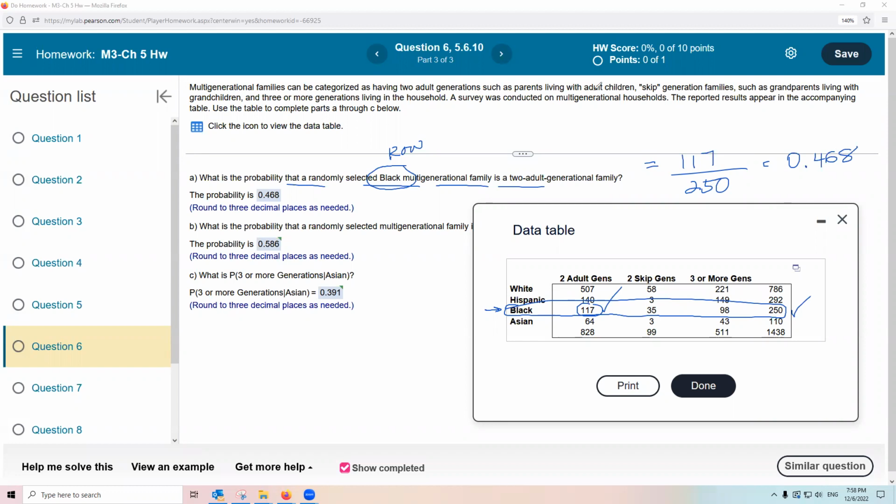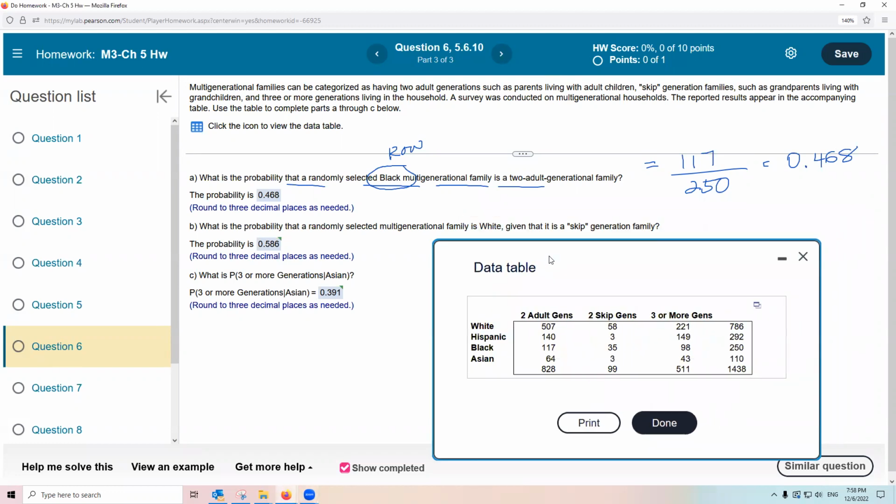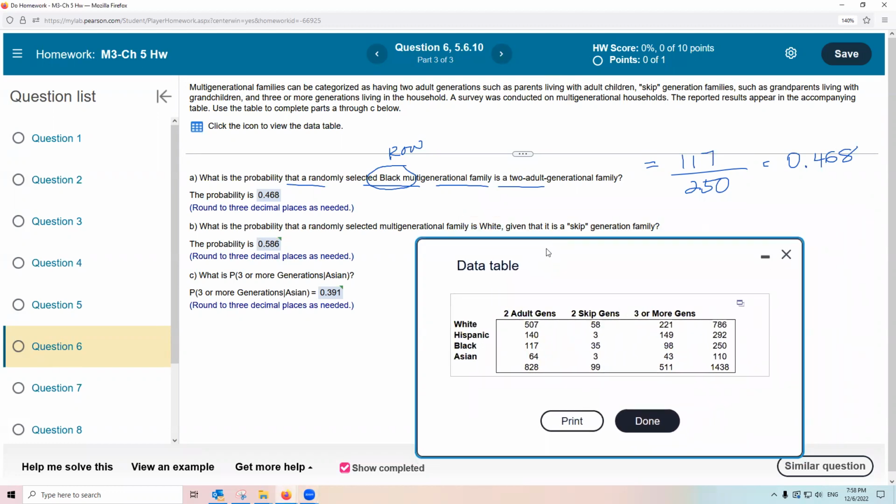All right, let me go to part B. It's a little tricky using this table for some of these questions, so you really got to read these problems carefully to understand what they're asking us. Go to part B. What's the probability that a randomly selected multi-generational family is white, given that it's a skip generation family?